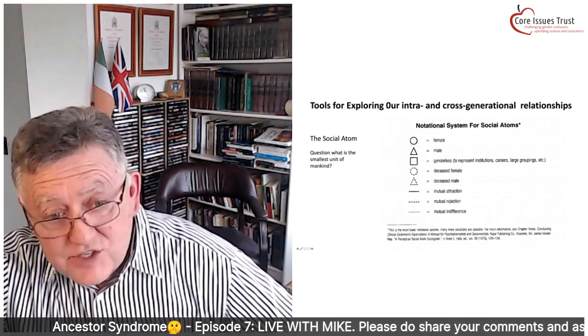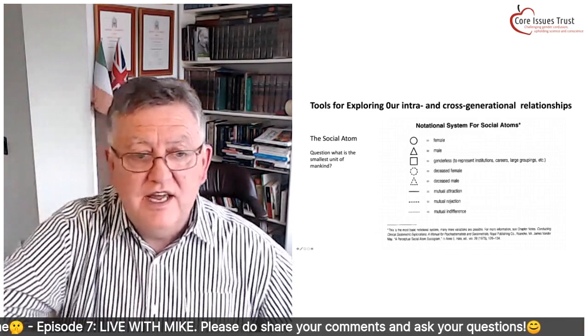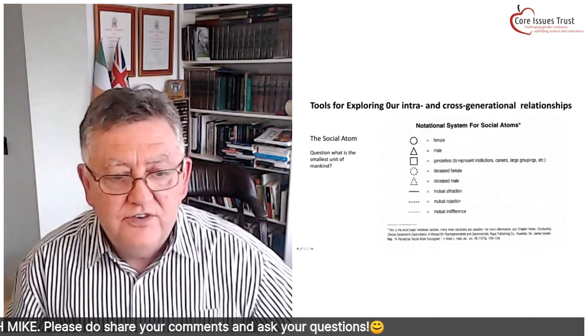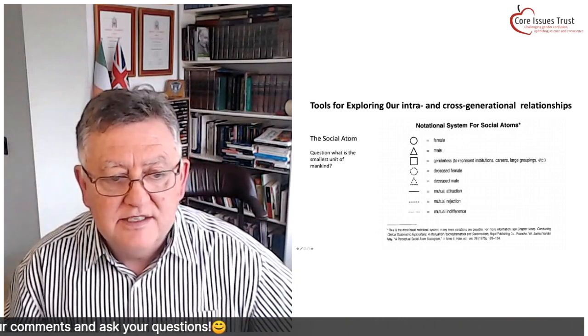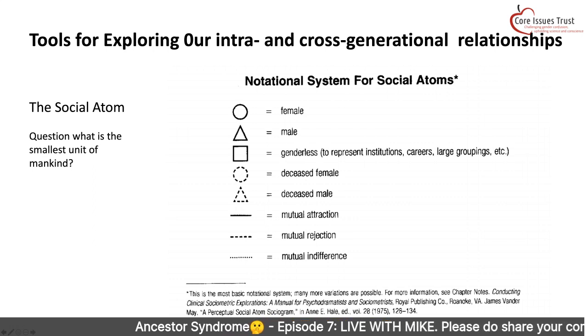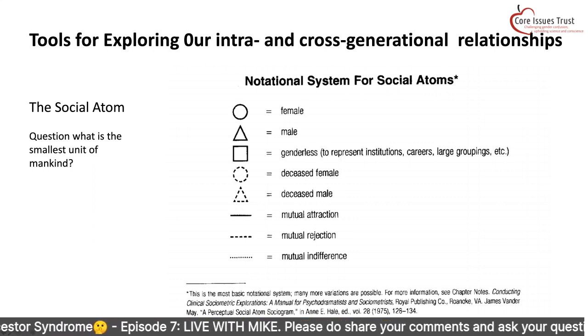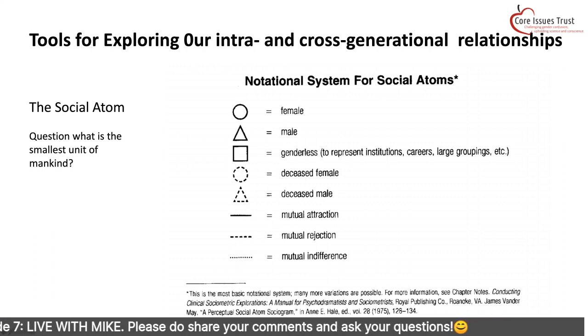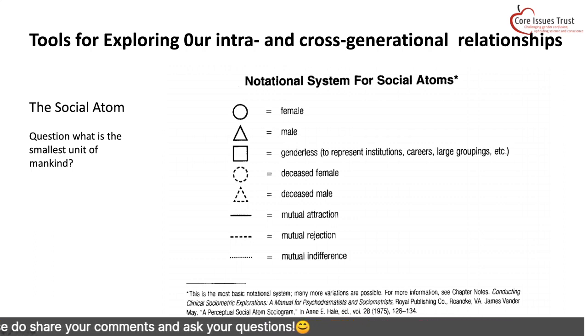But then here's the trick. If you notice in this diagram, there are different lines to represent the strength of connection. So mutual attraction is represented by a solid dark line. Mutual rejection is represented in the way that you see there at the bottom by dashes, so to speak.